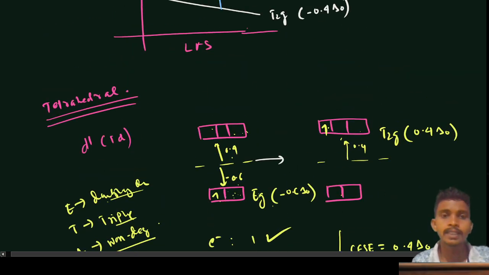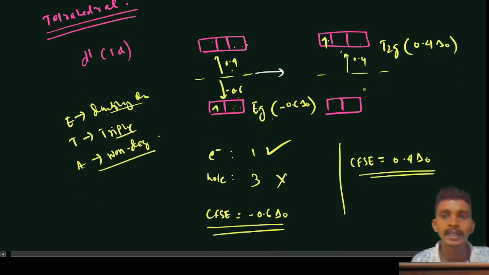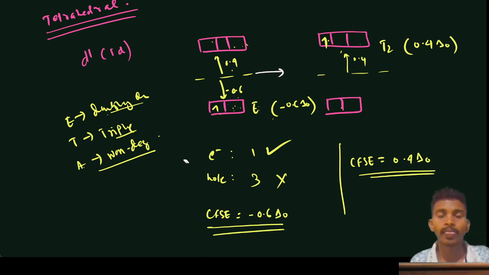Note that for this tetrahedral case, G and the subscript g will not appear, because the center of symmetry is not present, so we simply say E and T2, not Eg and T2g. That is the difference between octahedral and tetrahedral: in tetrahedral, the triple degenerate comes above and the double degenerate comes down.